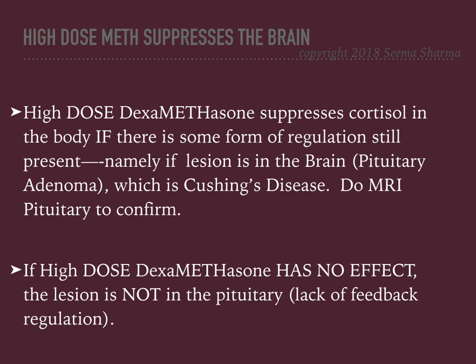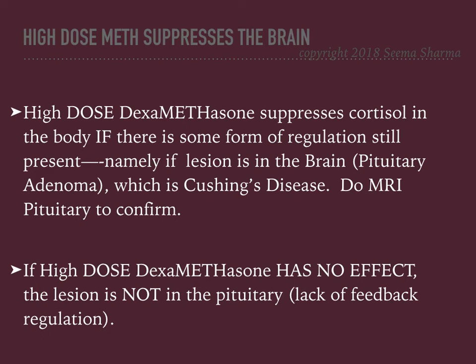If there is more than a 50% drop in the serum cortisol, that is considered a response to suppression, and that means some feedback is still present. So that tells you the lesion is in the pituitary. And that points to a Cushing's disease.